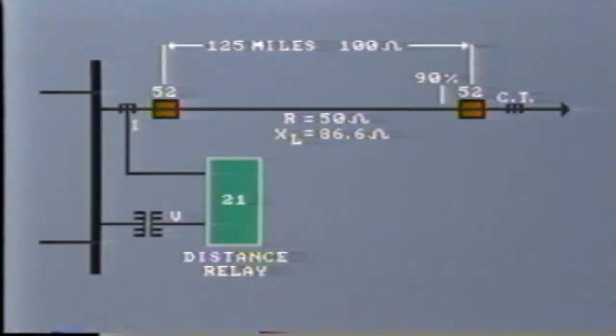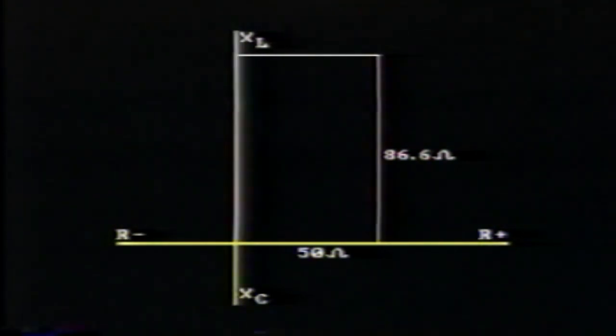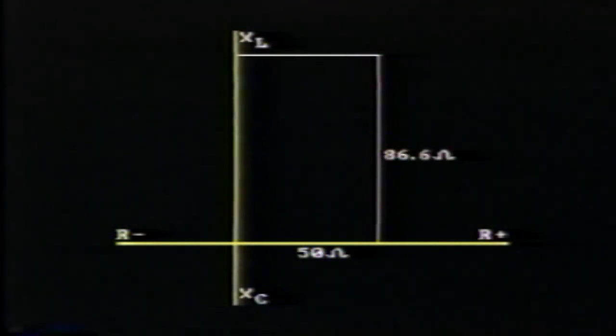Let's plot this on an impedance diagram. Resistance is shown along the horizontal reference vector, and inductive reactance is shown on the vertical axis. Capacitive reactance, if present, would be shown on the negative vertical axis. In this example, we will assume that the quoted 86.6 ohms reactance has taken into account both inductive and capacitive reactance.